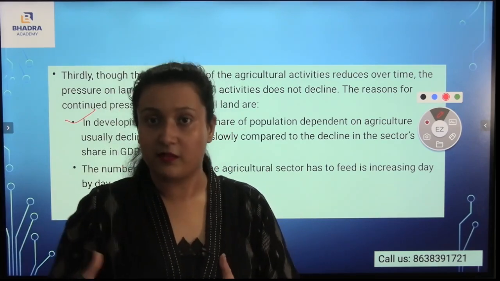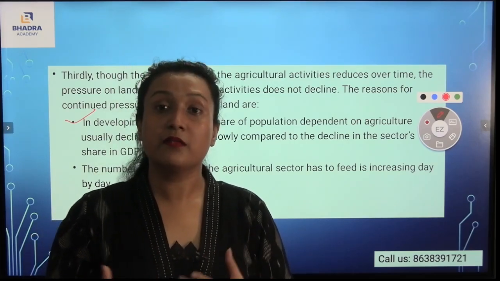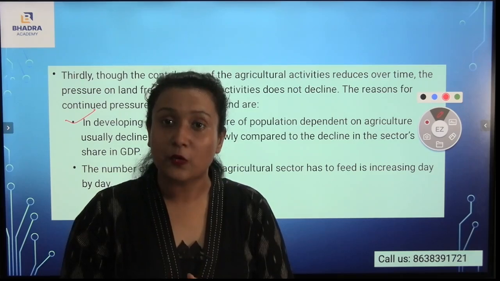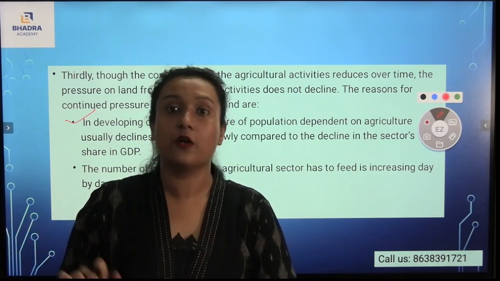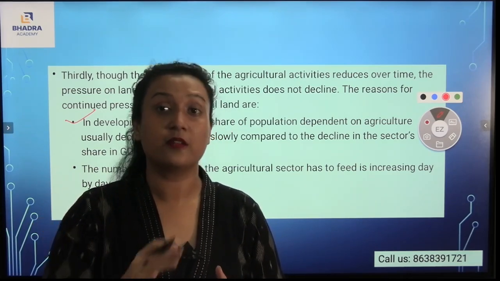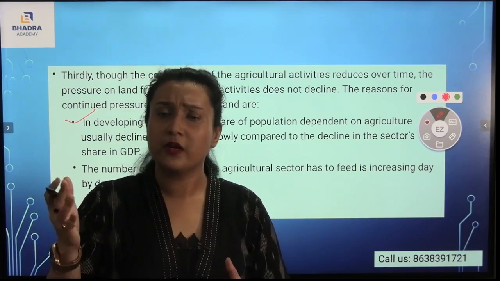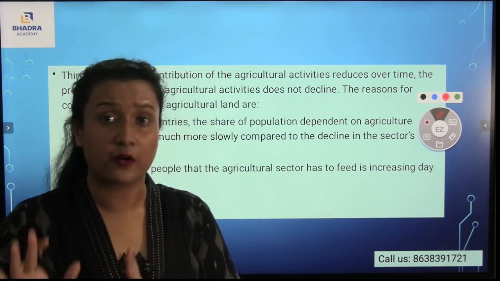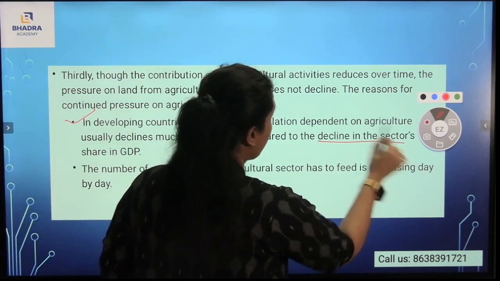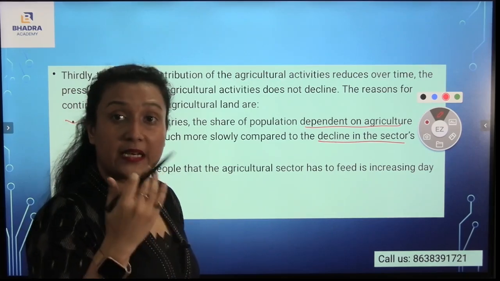Now, if I talk about those people living in the urban areas, their dependency on agriculture declines very slowly in comparison to the decline in the share of GDP. The agricultural sector is not very popular in the urban areas, but the share of GDP is very much of a popular kind, which means in comparison to the GDP share, the dependency on agriculture declines very slowly.